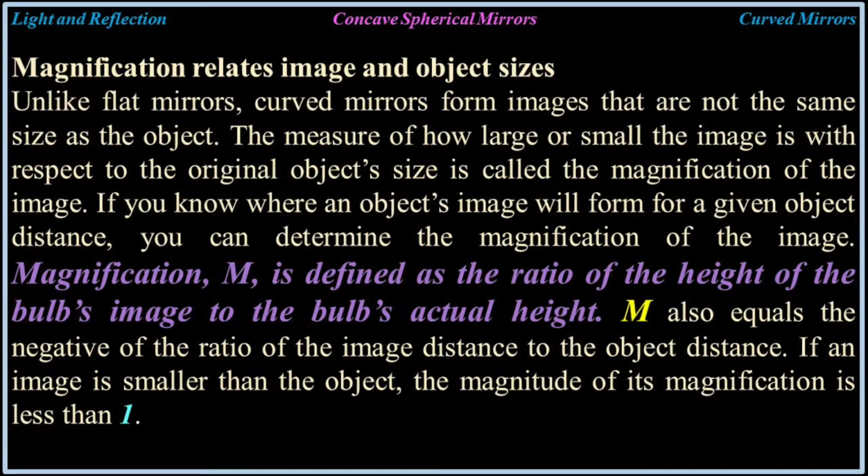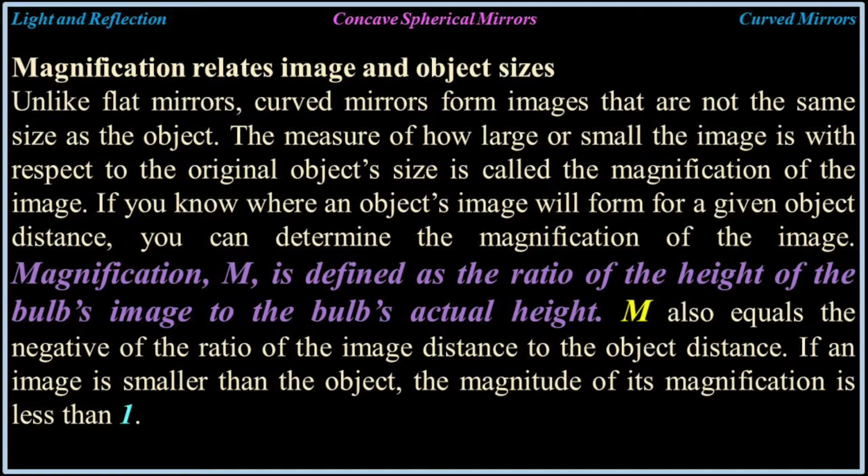Magnification relates image and object sizes. Unlike flat mirrors, curved mirrors form images that are not the same size as the object. The measure of how large or small the image is with respect to the original object size is called the magnification of the image.